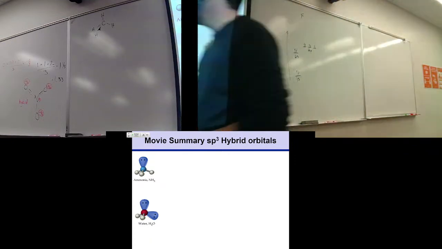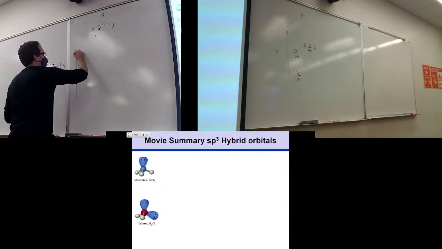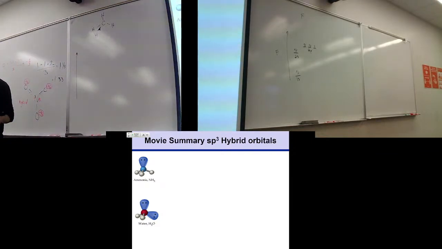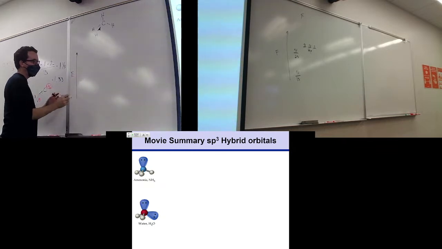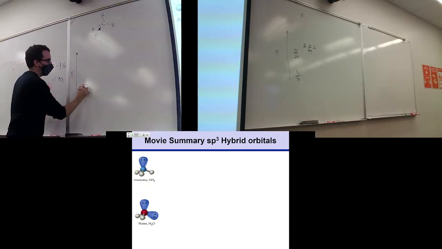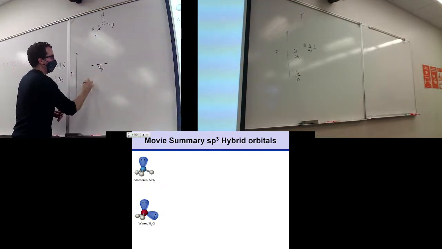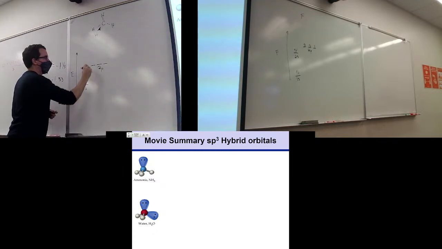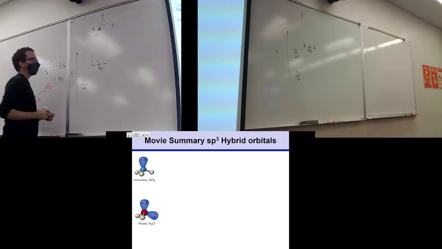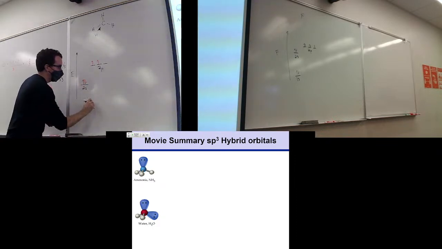So before I show you that, let me show you what happens to the orbital diagram. So here's carbon, right? And I'm just going to do the valence orbitals. So carbon has the 2s and the 2p's. And the electrons are going to look like this. Carbon has 4 valence electrons. So this is carbon by itself, right?